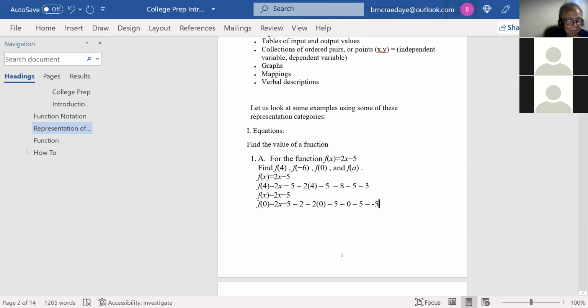See, I put the substitution on the function f of x, so you see that's going to match what I'll put here for x. So f of 0, 2 times x, where x is 0, 2 times 0, minus 5, 0 minus 5, minus 5.